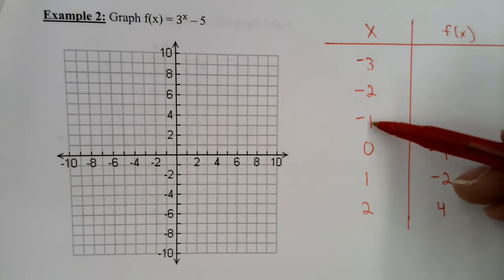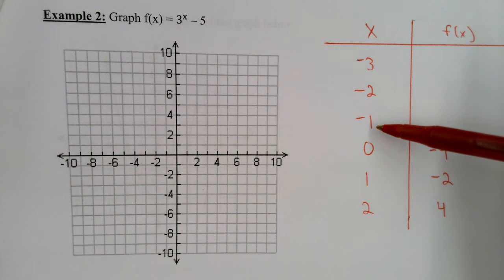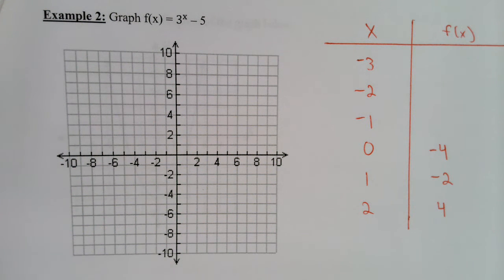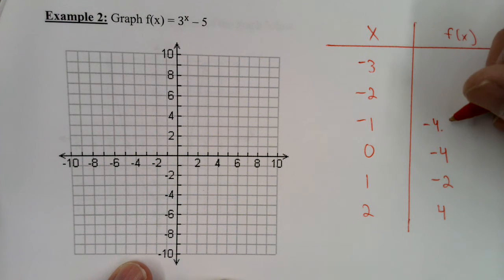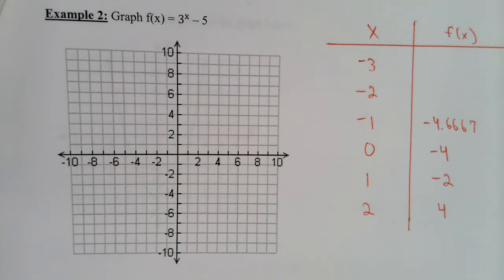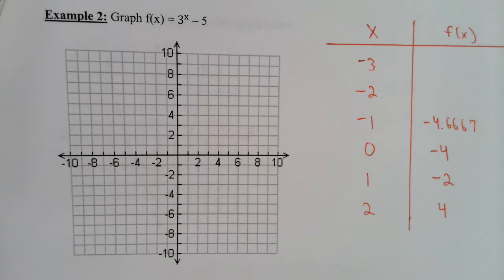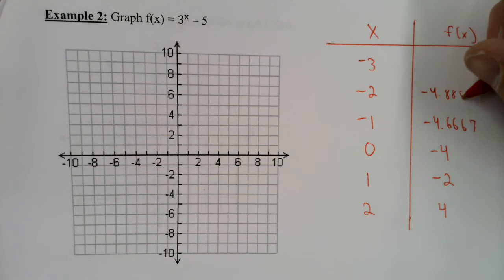And now when I have 3 to the negative 1 power, okay, these are going to be decimals. But if you type 3 to the negative 1 power in your calculator, you can get a decimal. And then when you subtract 5 from that, you're going to get approximately negative 4.6667. If you do 3 to the negative 2 power in your calculator, you're going to get a decimal, 0.1111 repeating, minus 5 gives you negative 4.8889.